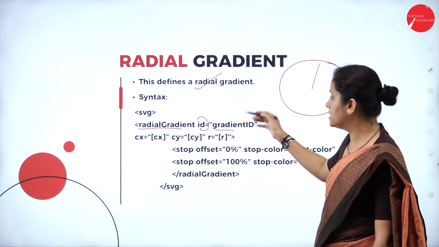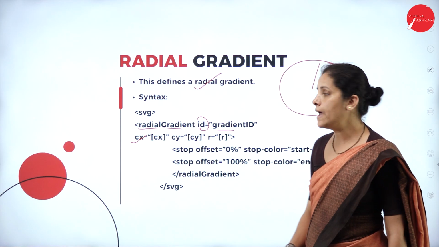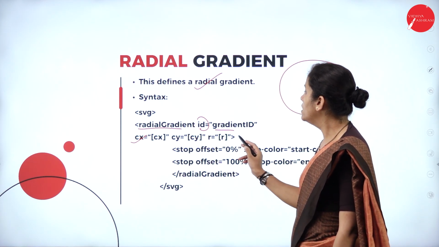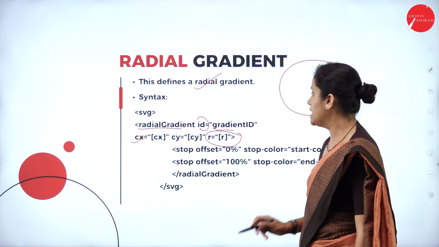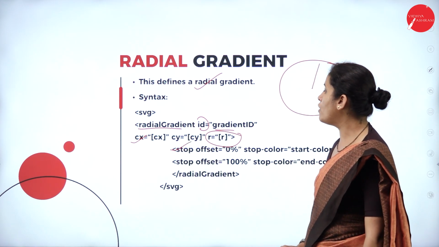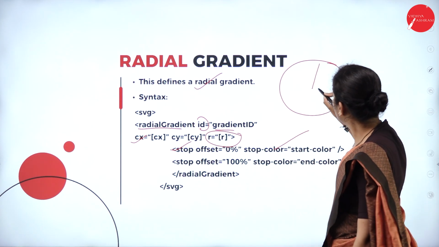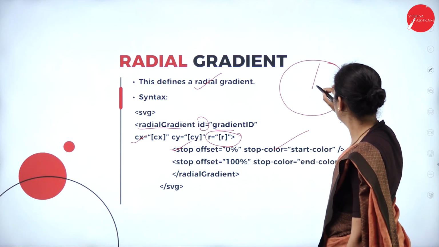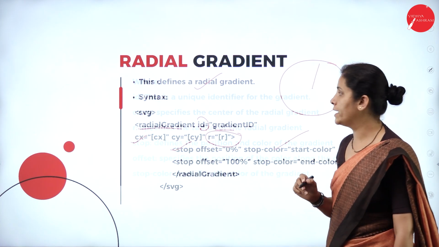Gradient ID is nothing but my ID name. I'm going to specify the CX, CY value, and at the same time the radius. Then I'm going to have the stop offset and specify the start color. So for example, this is my starting point and this is my ending point.